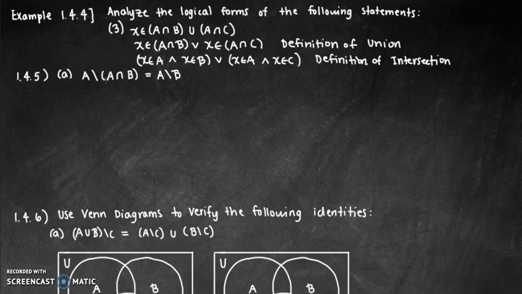So we want to show that some arbitrary element X on the left side, X element A minus A intersect B. And now we're going to use our definition of minus.